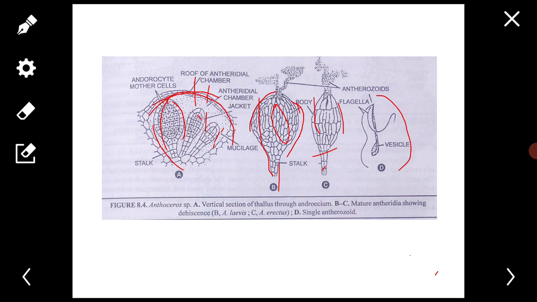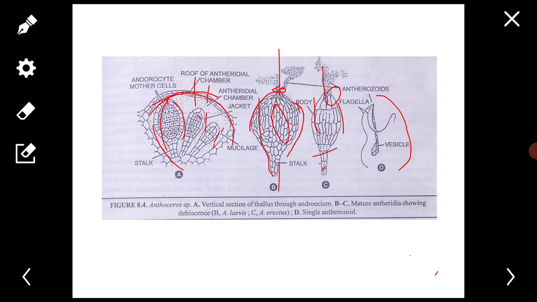The antheridium lies just beneath the pore and absorbs water, and the distal cells of the jacket separate, creating an apical aperture through which the mass of androcytes gets squeezed out.